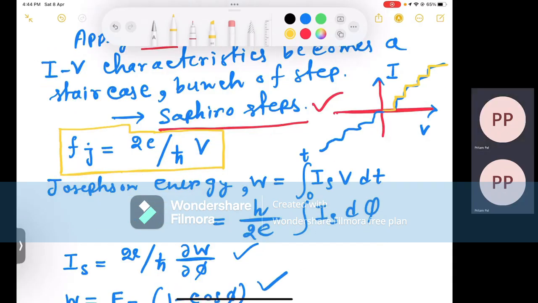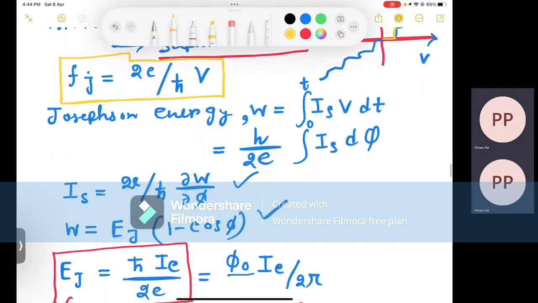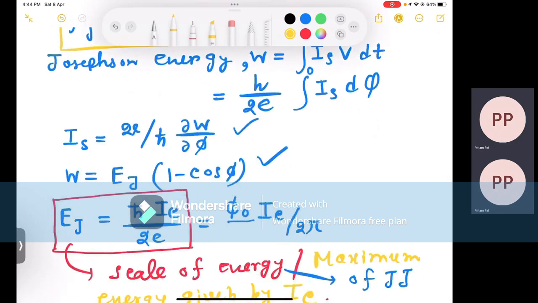Now we need to calculate the Josephson energy. You can calculate it by integrating from 0 to t the product of the supercurrent times the voltage that you are applying in the time domain, right? That will give you E_J times (1 minus cos phi). So this is the important thing.